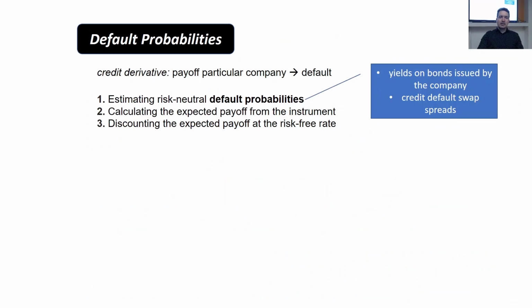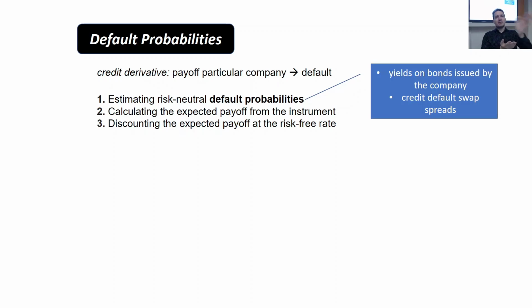Okay, default probabilities can have a similar behavior. For the next several lectures, we don't care about default at all, but later on we have to talk about this one as well. In the case of default, a credit derivative, we can say that a payoff of a particular company can be affected by the default of this company.